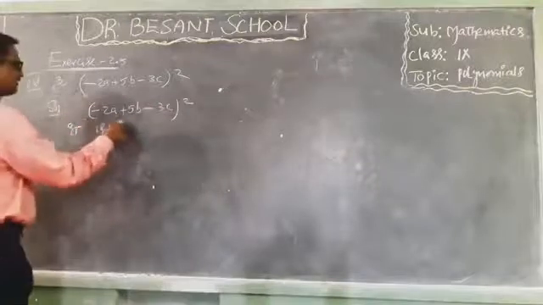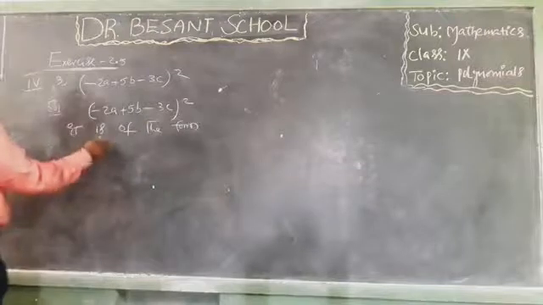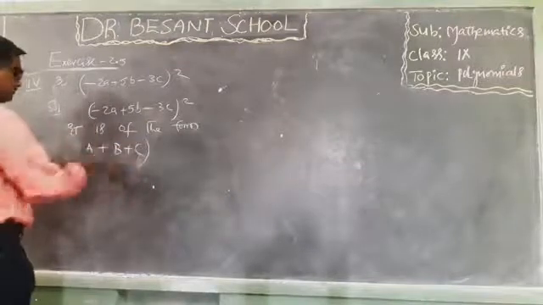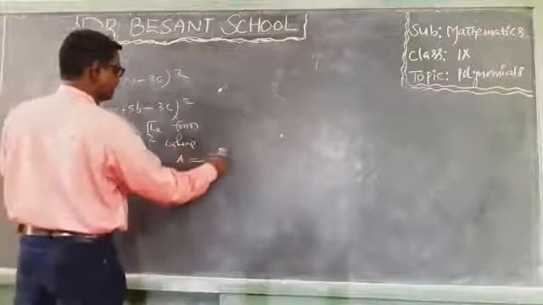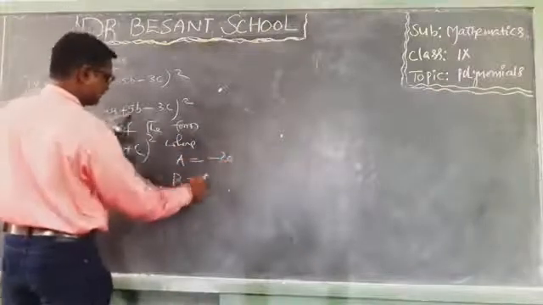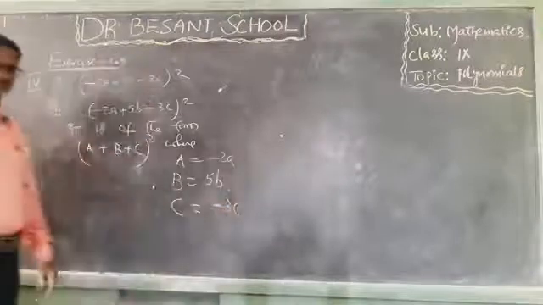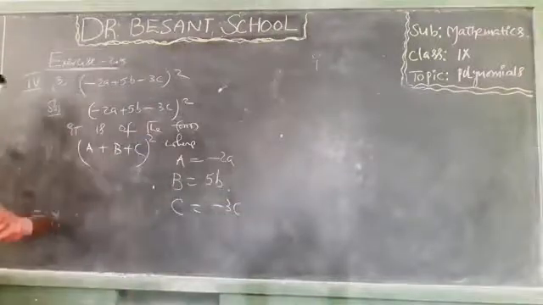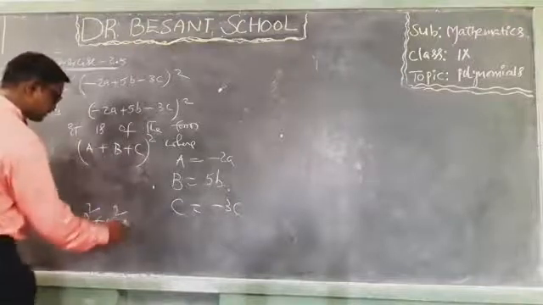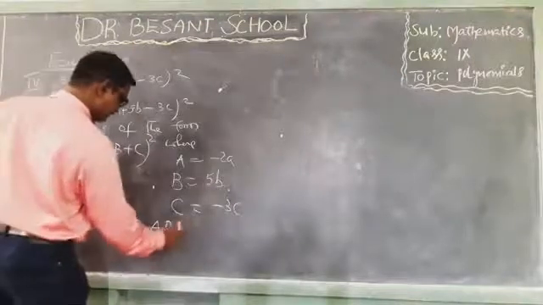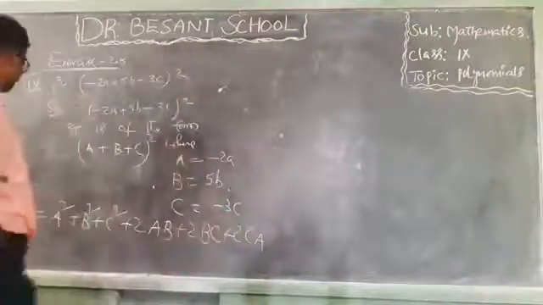It is of the form, capital letters I am using, (A + B + C) whole square, where my capital A value is -2a, my capital B value is 5 small b, my capital C value is -3 small c. The formula for (A + B + C) whole square is A square plus B square plus C square plus 2AB plus 2BC plus 2CA.